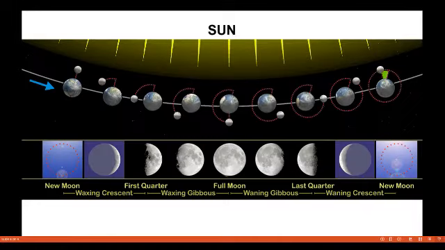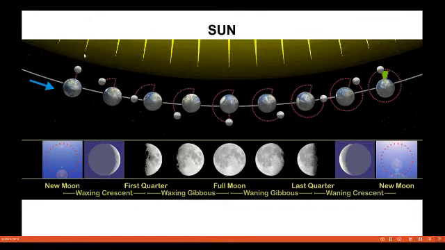Let's understand why the moon is visible from totality to nil or from nil to totality. If you see this particular situation, this is the earth, this is the sun.